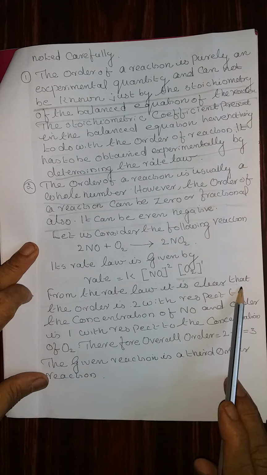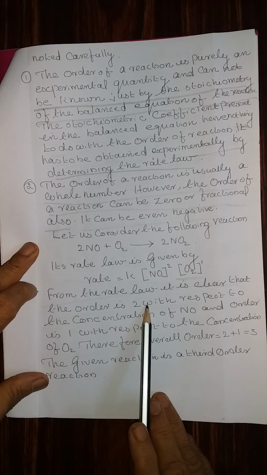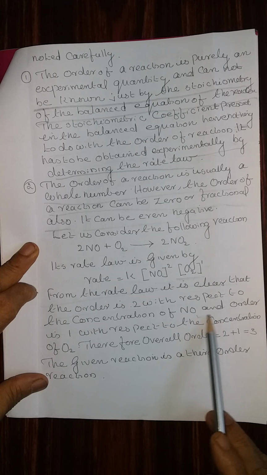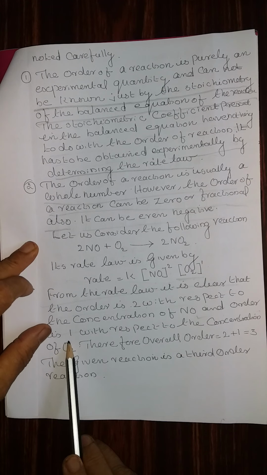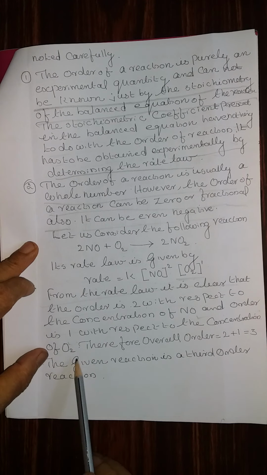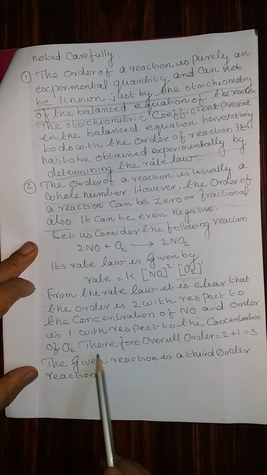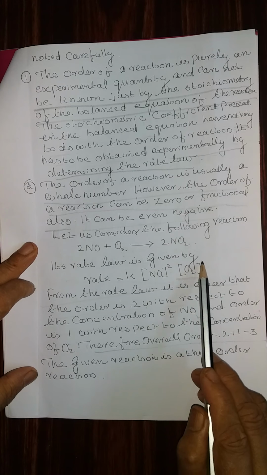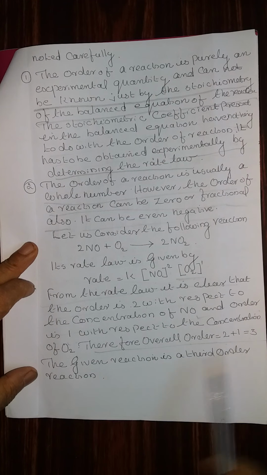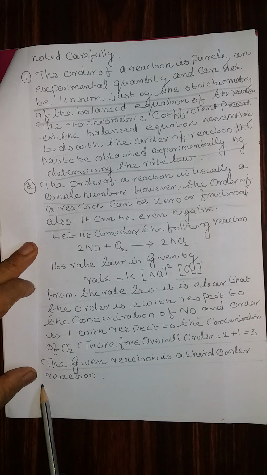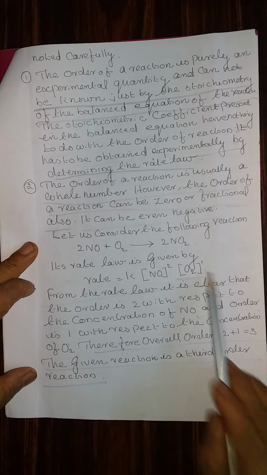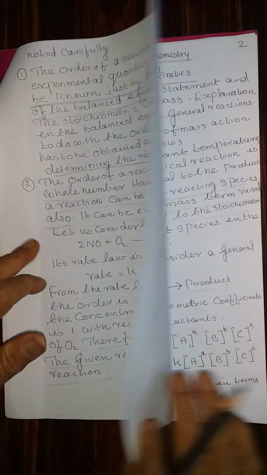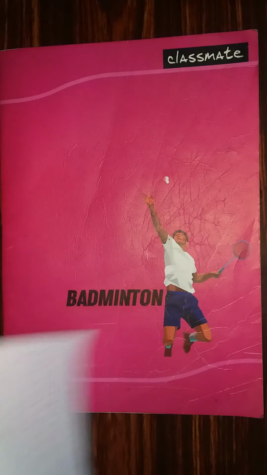From the rate law, it is clear that the order with respect to the concentration of NO is 2, and the order with respect to the concentration of O2 is 1. Therefore, the overall order is 2 plus 1, that is 3. Therefore, the overall order of the reaction is determined as 3 and it is a third order reaction. This is how you determine the order of the reaction.